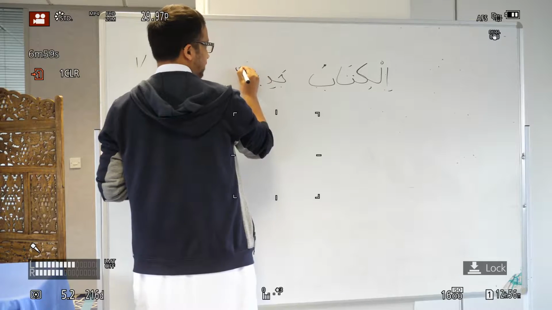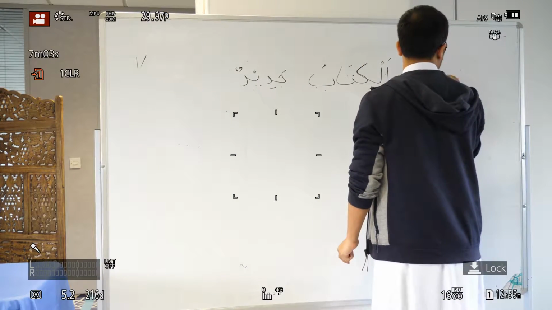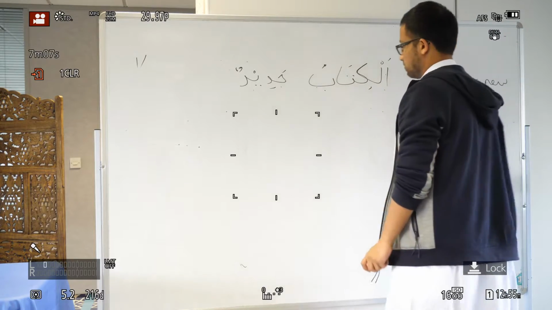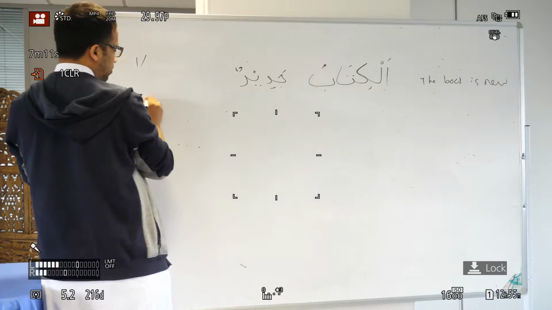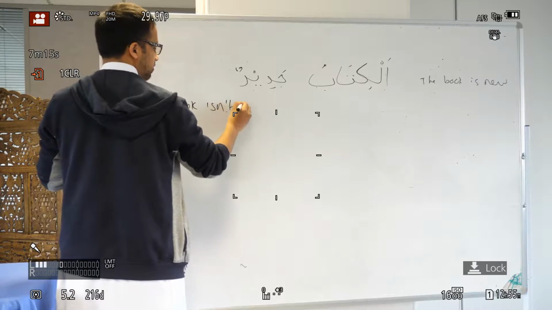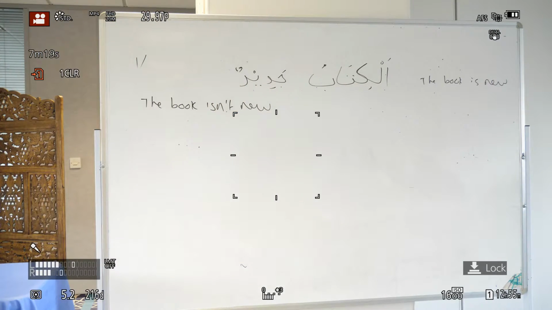Let's just use the word jadid. And the meaning of al-kitabu jadidun is the book is new. Now there's 4 ways we can say the book isn't new. Or the book is not new.